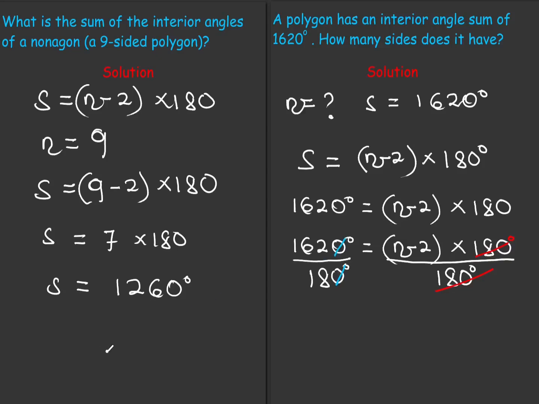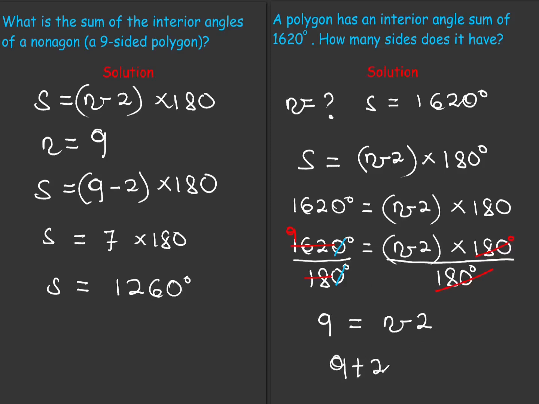And then we say 18 divides 162 9 times. So all we have here will give us 9. So 9 is equal to, remember we have cancelled the 180s, n minus 2. We still have to make n the subject. So making n the subject, we have 9, then the negative 2 moves to the other side as positive 2.